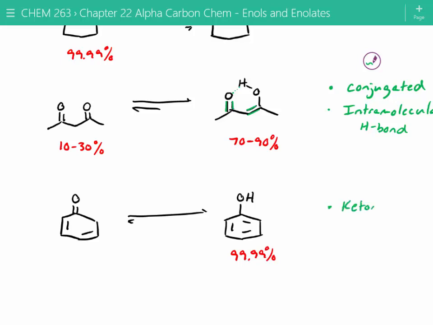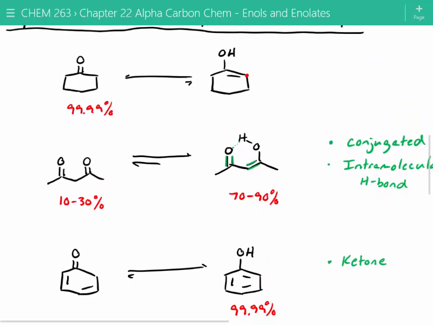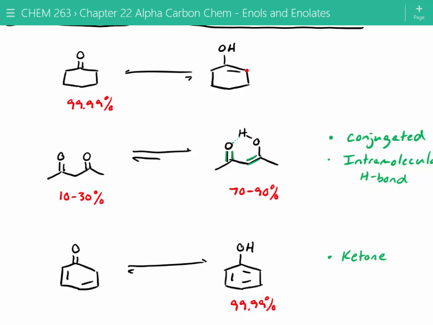So under most circumstances, you'll observe your ketone, but there will always be, even in this top example, a very, very small percentage in equilibrium that is your enol form. It's just not highly favored in equilibrium. It's going to be 0.001%.